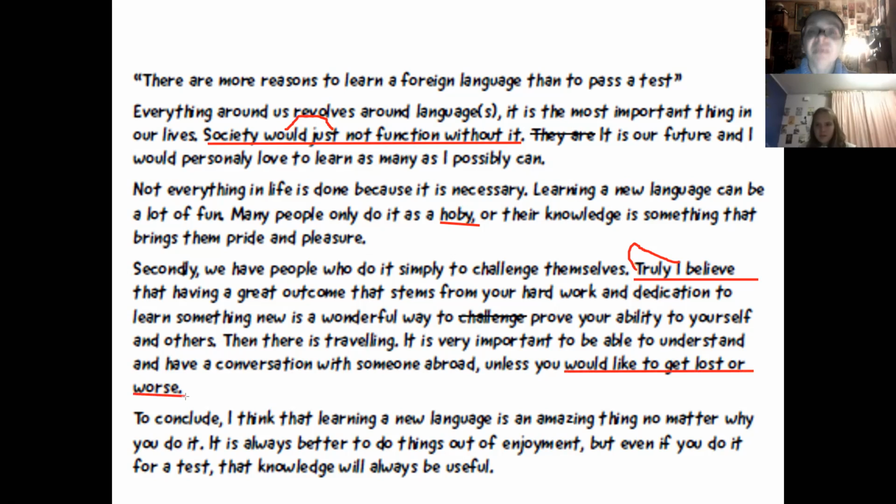It's exactly the replica of how we make the sentence in Russian. So I would say "to get lost or experience more serious trouble," or "get into more trouble," something like that.